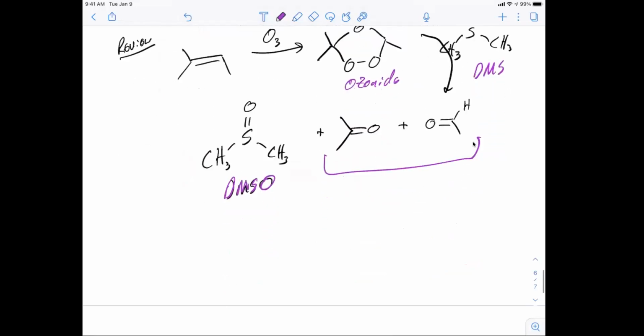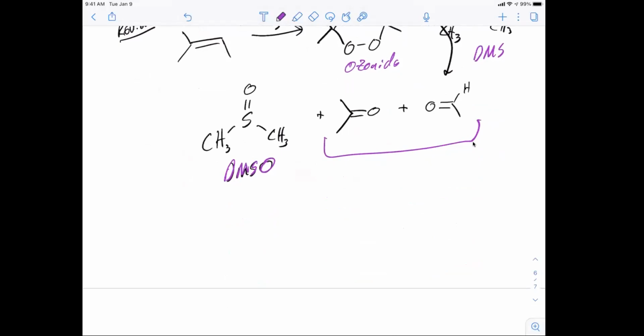If we wanted to do this, there's a couple of other oxidants we could use. So let's look at those. We can use sodium periodate. And this is not sodium iodide powder.